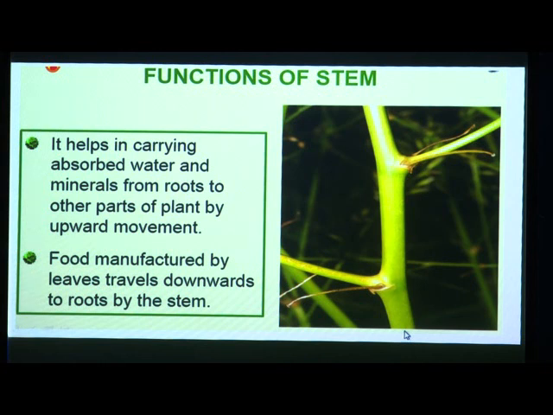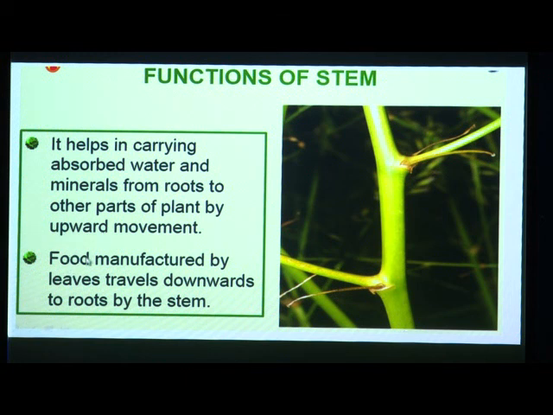So the main function of stem is to carry the water and minerals from roots to other parts of the plant by upward movement.